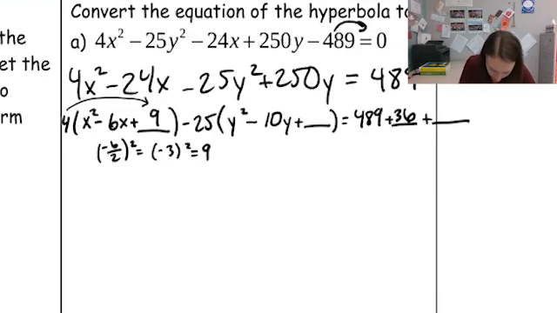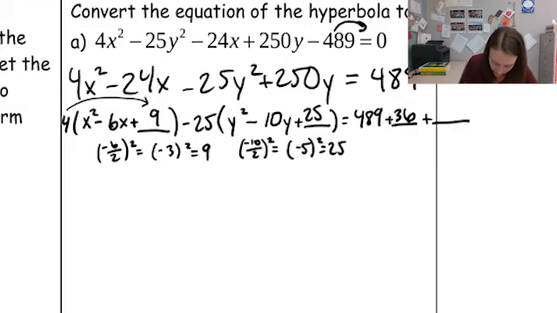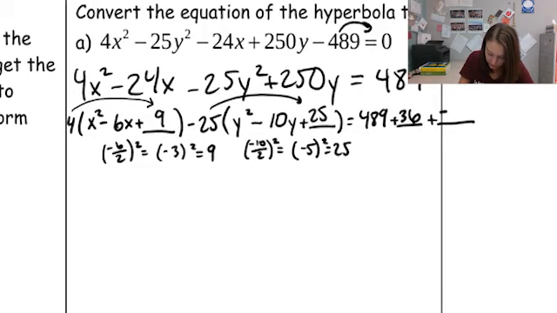And then we have negative 10 divided by 2 squared, which is negative 5 squared is 25. But then remember, that's not really a 25. That is negative 25 times 25, which is a negative 625. Negative 625. So that's what we need to balance it out with on the other side of the equal sign.